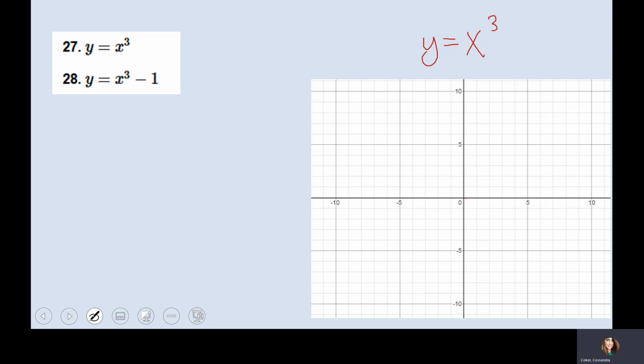If I plug in 2 for x, 2 cubed is going to give me 8, and then of course I'll plug in 1, 0, -1, and then -2 cubed is going to give me -8. And then just connect that.